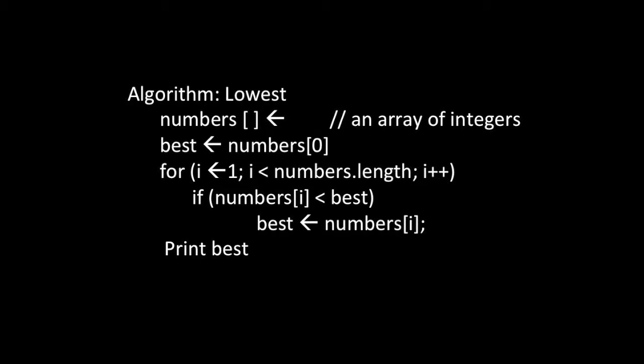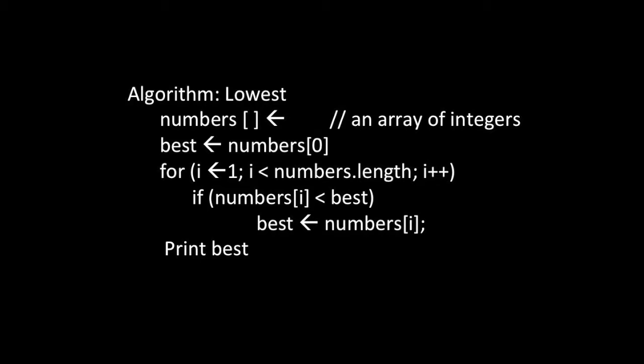The first element in the array I'll assign to a variable called best, which is the lowest value we found so far. And then I'll iterate across the rest of the array. That is, I'll start with index 1 instead of index 0. I'll iterate as long as the index is less than the length of the array. And each time I loop, I'll increment by 1.